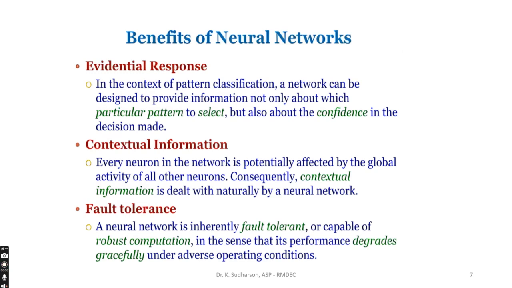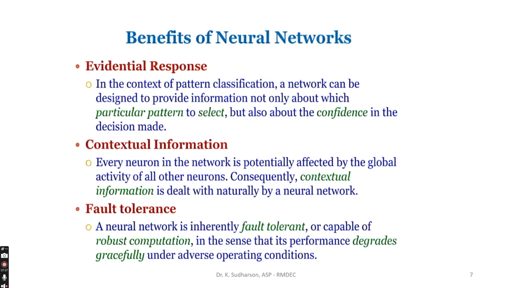And contextual information. Every neuron in the network is potentially affected by the global activity of all other neurons. So all the neurons are interconnected. All the neurons learn something, and the data learned by the entire set of neurons is collectively taken into the final decision. That is the contextual information.